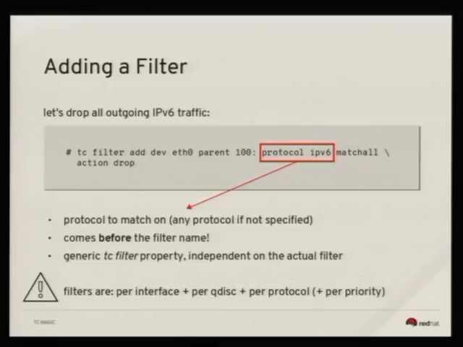So, to reiterate important things, filters are per interface and per Qdisc. So we can attach filters to two different interfaces that have different Qdiscs and different filters. They are also per protocol, and as we see a bit later, they also have priorities.